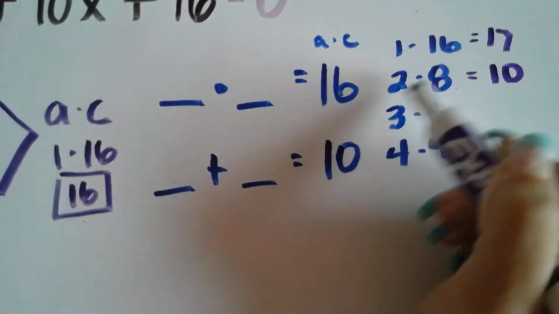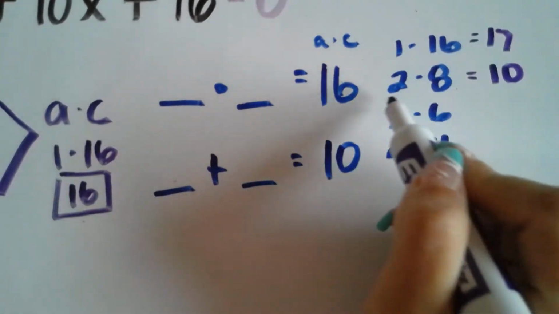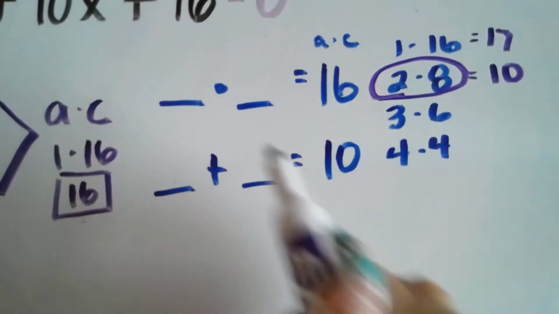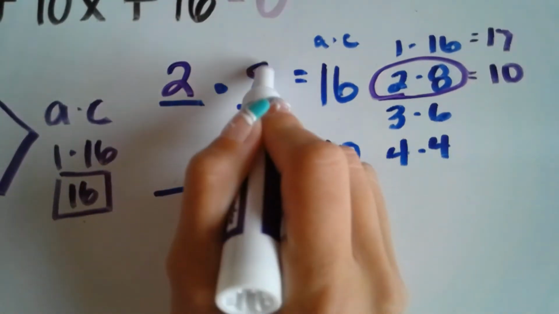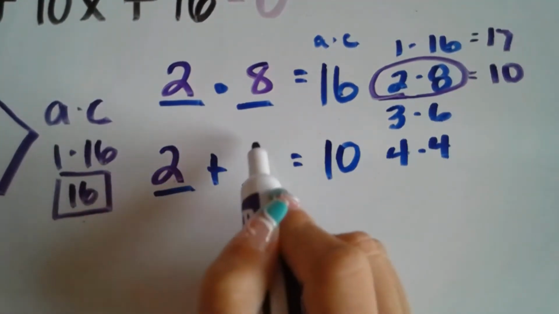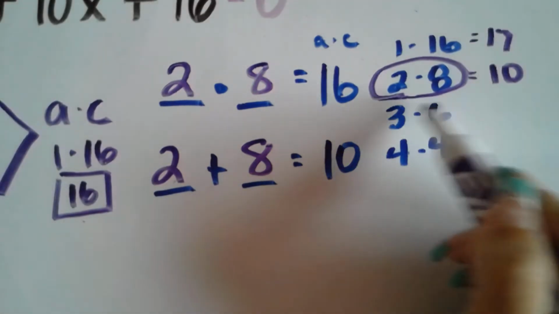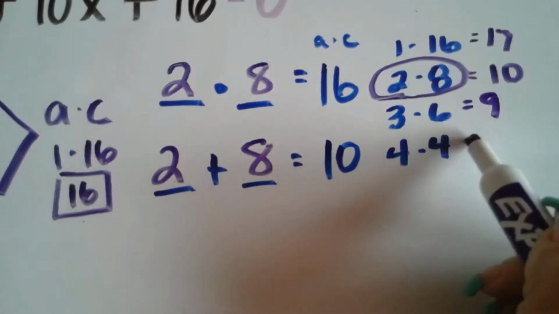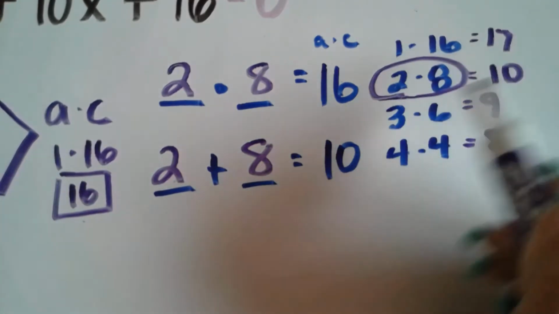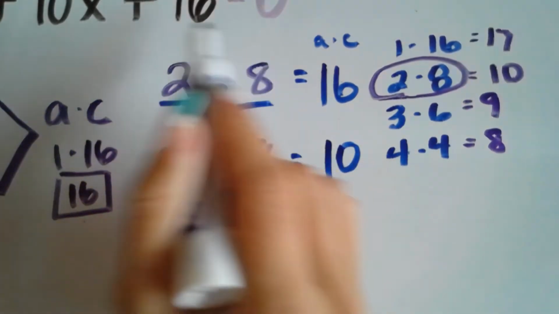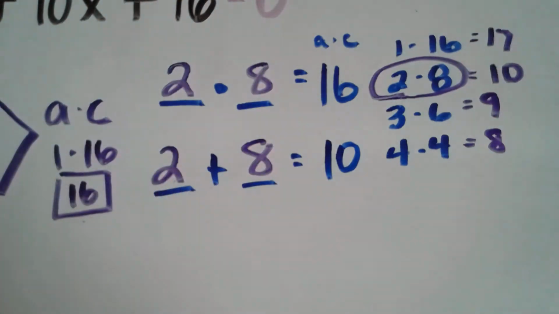Wow, that's it. So we can fill in our blanks with 2 and 8, because that would work. Even if we check the rest of them, 3 plus 6 is 9, 4 plus 4 is 8. We know that we need it to match this 10. So now we have this.